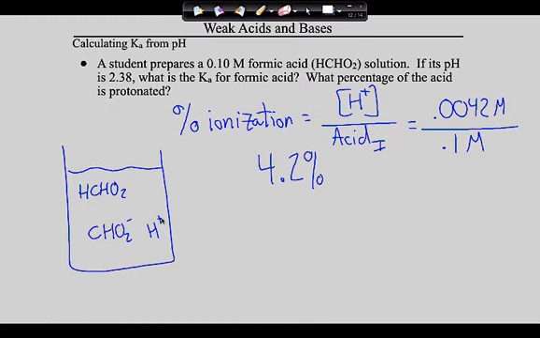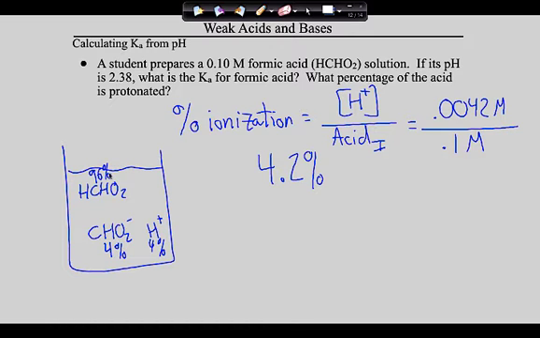So what do the numbers look like? In round numbers, we got 4% this, 4% this, and 96% that. So in this weak acid solution, 96% of that formic acid is still stuck together with its hydrogen, and it's not functioning as an acid. It is in its molecular form, dissolved in water.